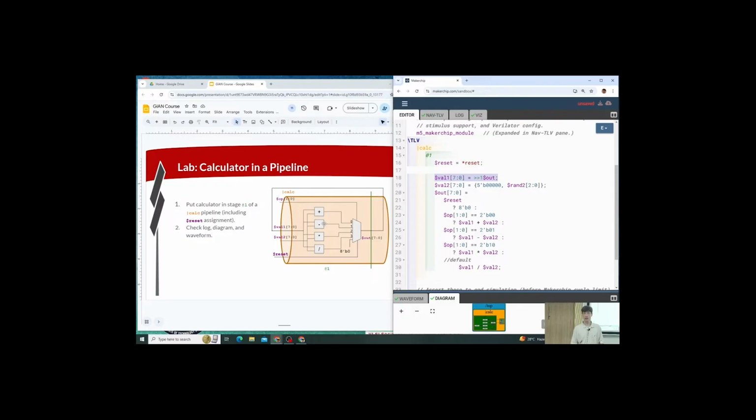The transaction is the calculation. We do the calculation, and then we use the result of that transaction. A cycle later, that transaction goes from stage 1 to stage 2 through the flip-flop. At that point, that transaction is just defined by this out signal. And then that transaction affects the next transaction.